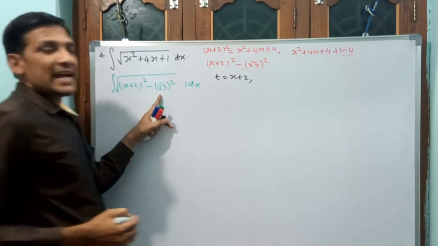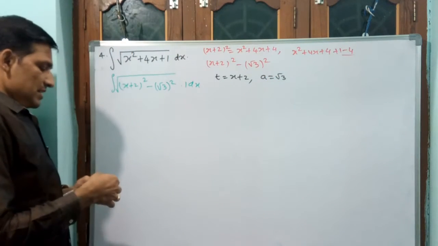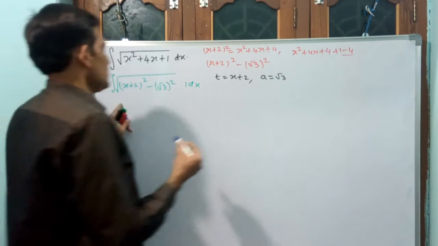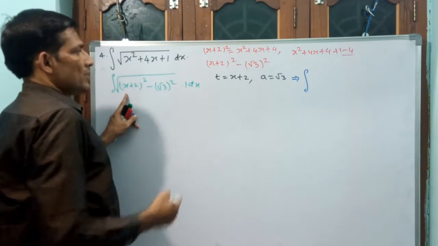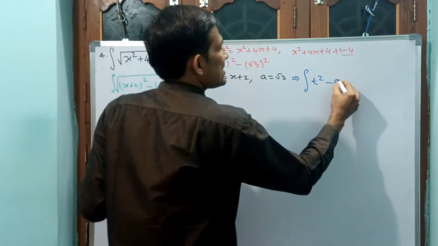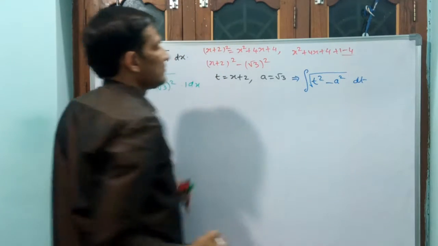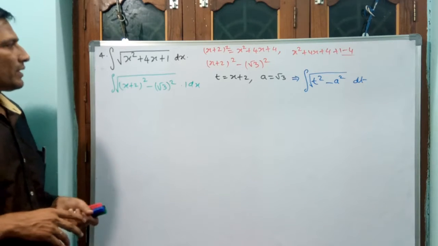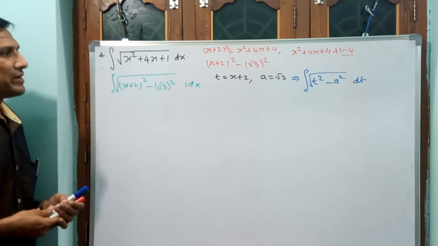I am going to take root 3 as a, so a is equal to root 3. Then this implies integral of square root of t square minus a square dt. Understand now? Square root of t square minus a square dt.